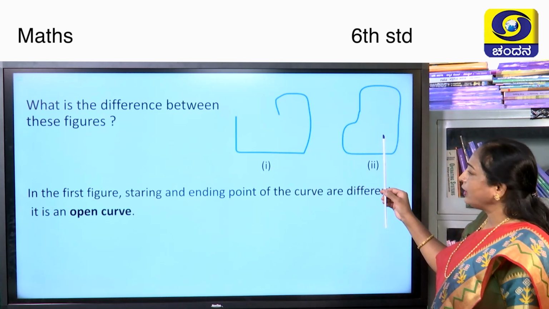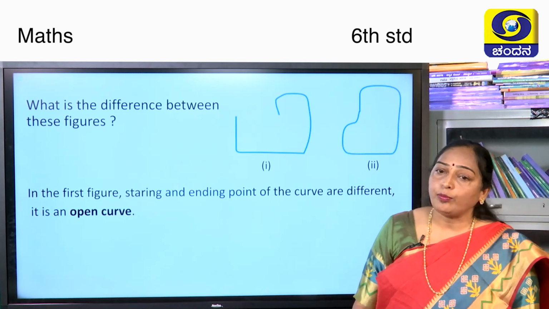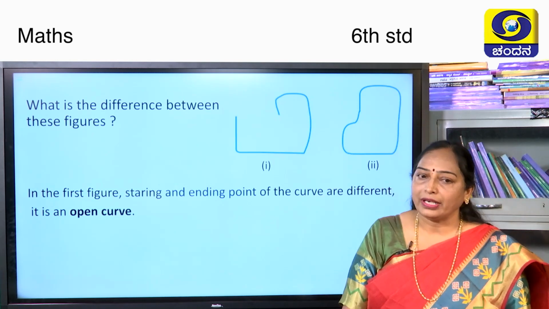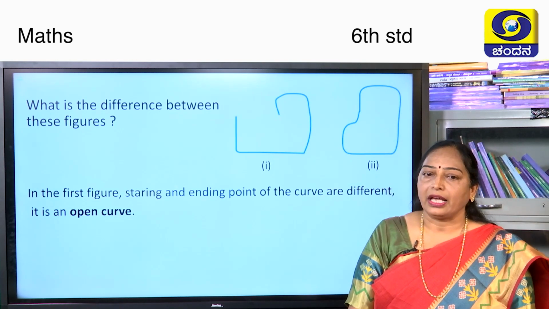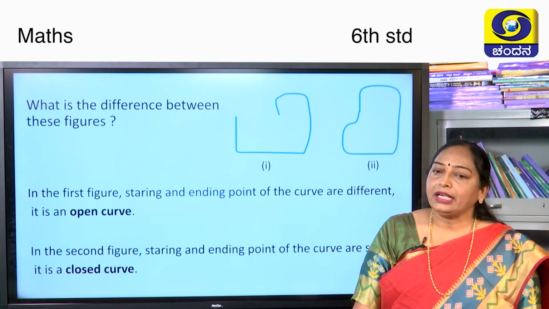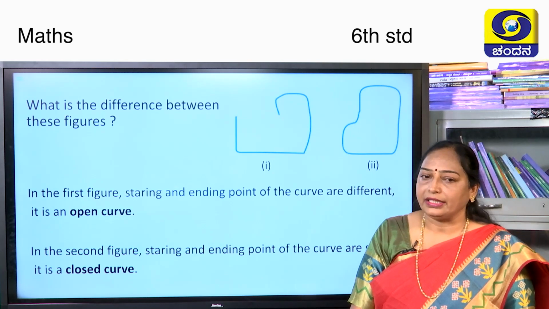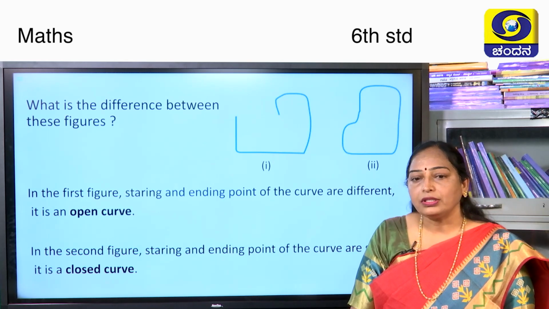The second curve is a closed curve. Starting and ending points of the curve are different. It is an open curve. If the starting and ending points of the curve are the same, then it is called a closed curve.